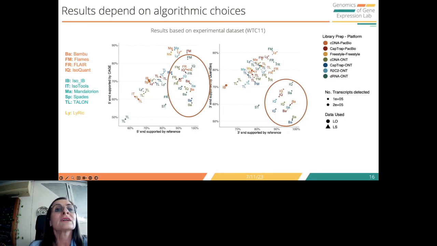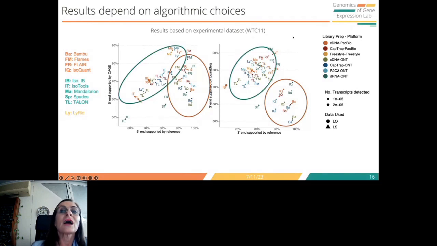Again, Bambu here, and IsoQuant, FLAIR, are even given a high support by the reference. However, it's not as good as the support by the orthogonal data. You can see that it ranges between 60 and 80% here. And especially at the 3' ends, you see this effect that it matches the reference very well, but is not as well supported by the experimental data supporting the 3' end in these cases.